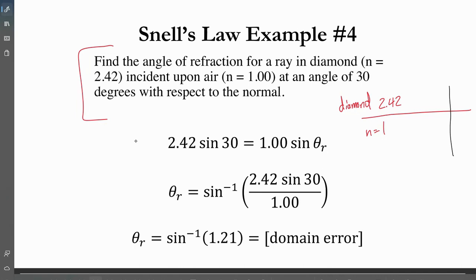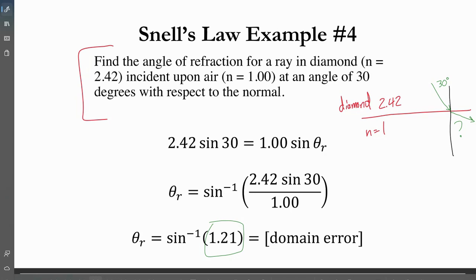This is air, so it's going to be a steeper angle. What's this theta? Well, if you plug everything in, you get inverse sine of 1.21, which is not allowed, right?